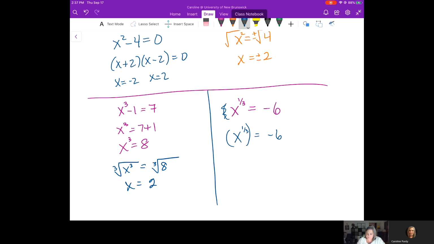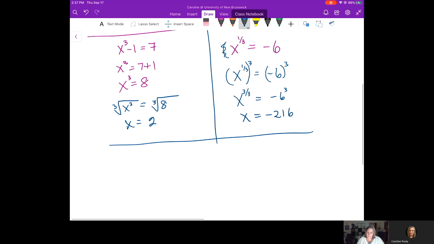What you would do to both sides to get rid of a cube root is take the third power. And why is that? Because that will give me 3 over 3, which is 1. -6 cubed is -6 times -6 times -6, which is -216. So here we have x is equal to negative 216. 3 negatives make a negative, and that would be your answer.